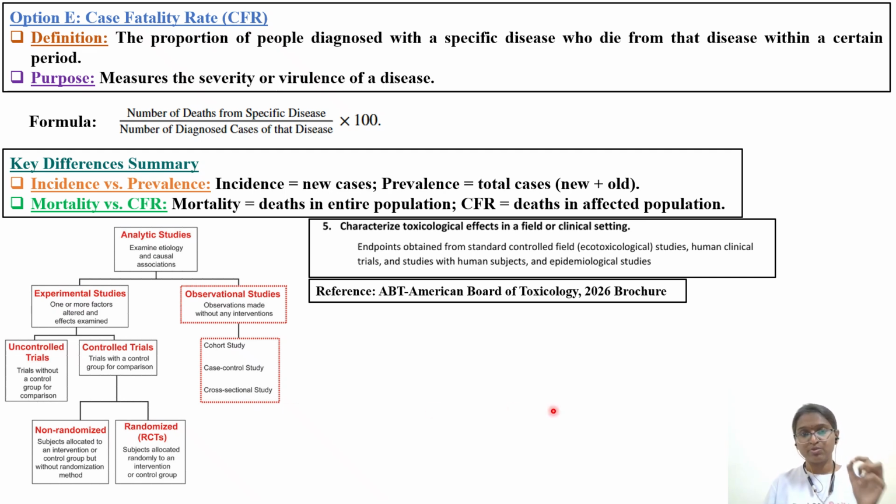I will request you to pause here and go through the different types of analytical studies and different types of trials: non-randomized trials, randomized control trials, uncontrolled trials. These are all part of clinical trials where you will learn about phase 1, phase 2, phase 3, and post marketing. All 4 phases of clinical trials you will be studying.